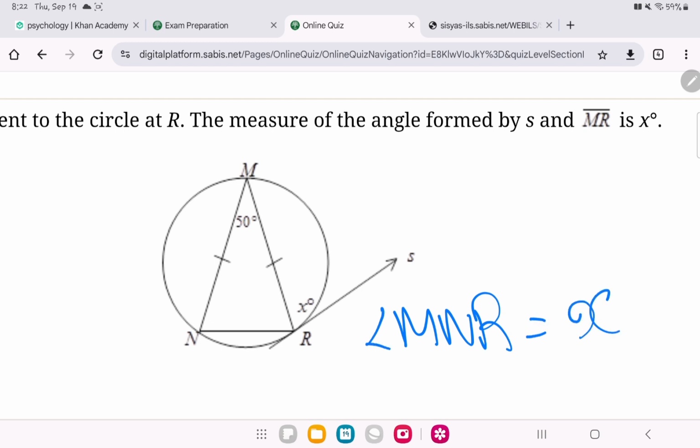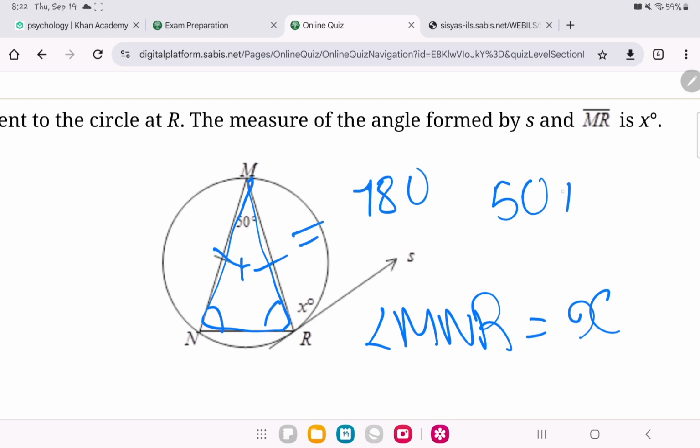Now if you notice, we have a triangle over here and it's an isosceles triangle. In an isosceles triangle, the base angles are equal. And in a triangle, all the angles add up to 180. So 50 plus this angle, which we're going to call Y, and this angle, which we're also going to call Y because the base angles are equal in an isosceles triangle, plus Y is equal to 180.